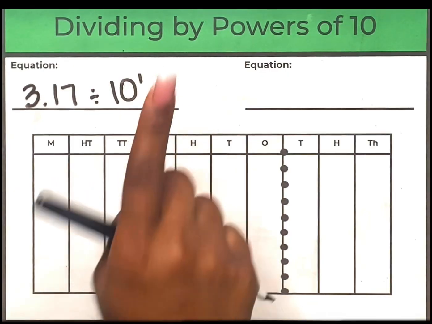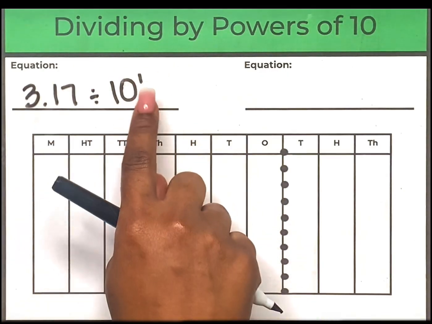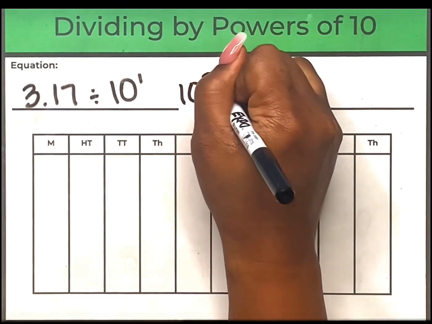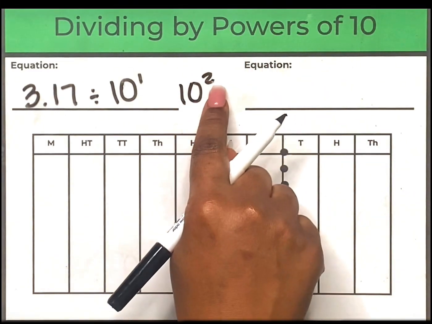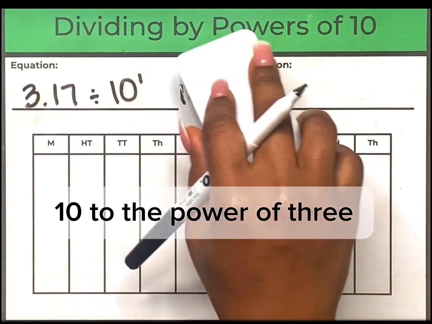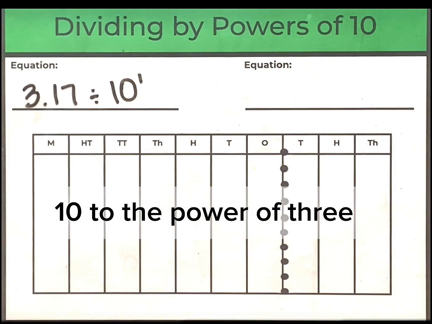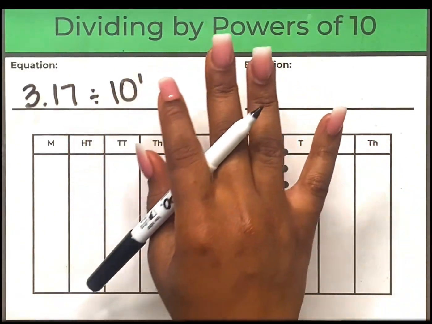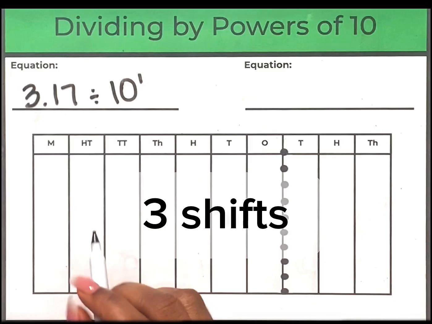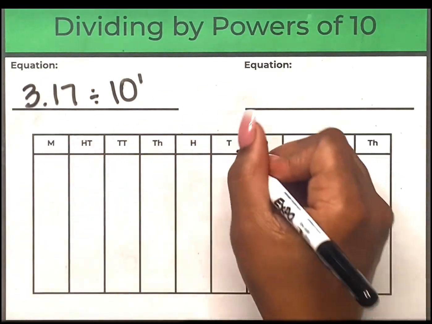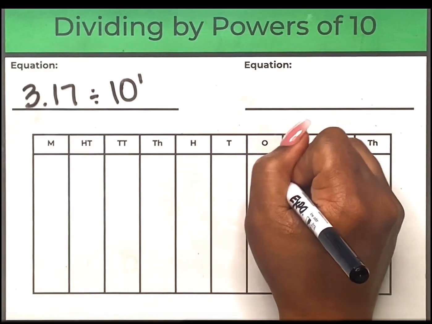So that means 1 shift. If I had 10 to the second power, that would mean 2 shifts. 10 to the third power would mean, very good, 3 shifts. So all we do now is we're going to take 317 and place it in our place value chart.